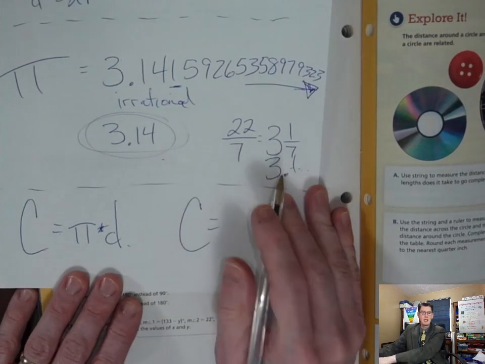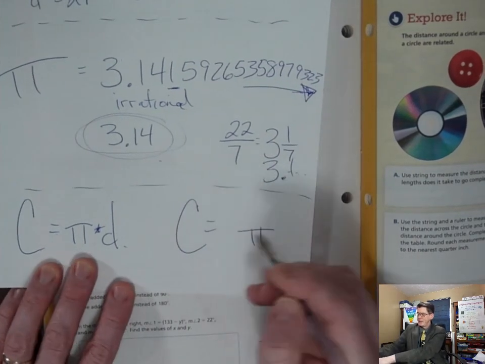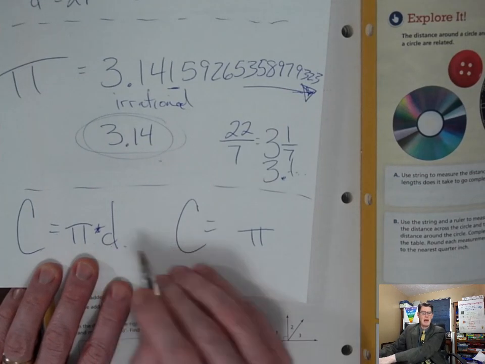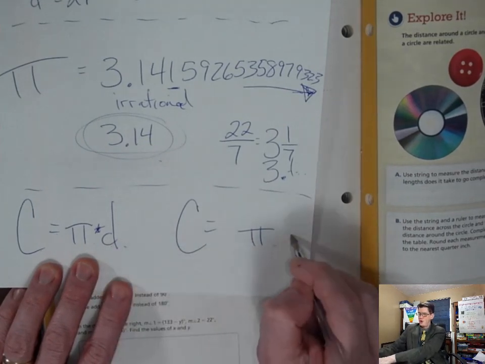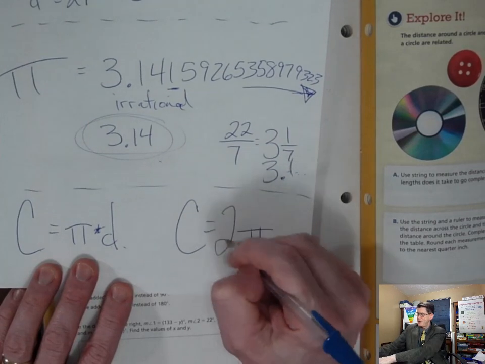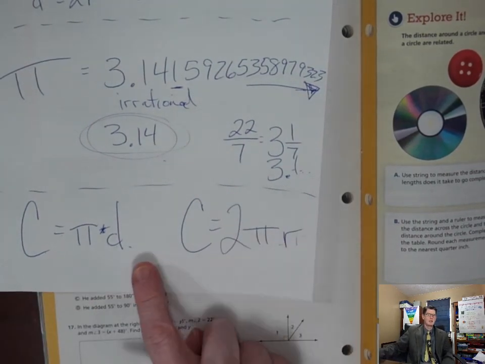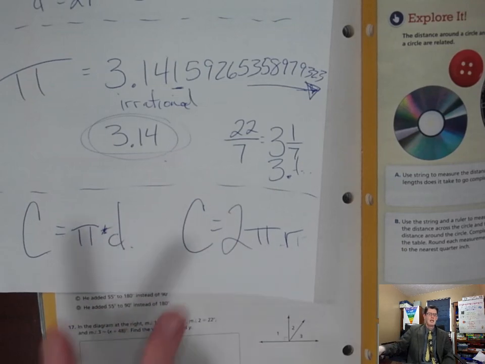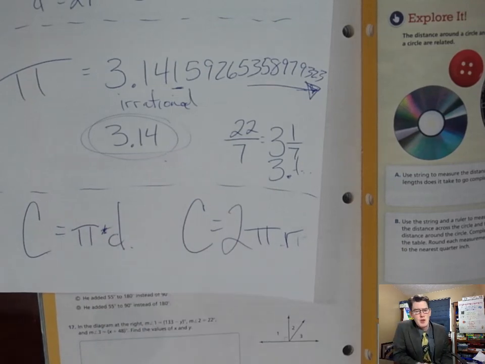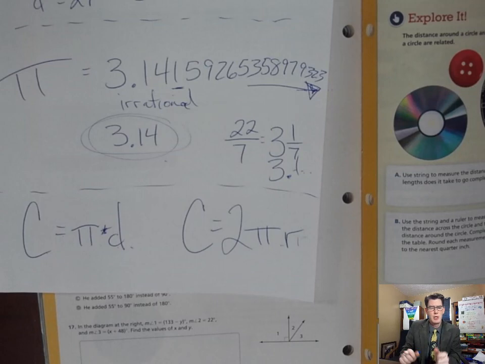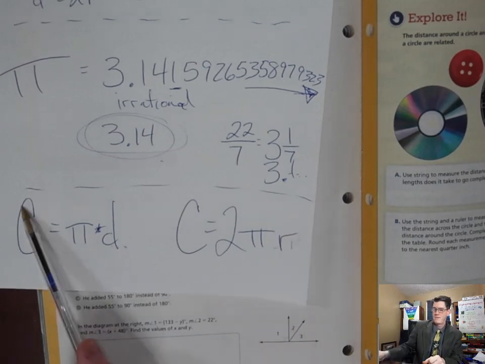The circumference is pi times 2 radiuses, because the diameter is just 2 radiuses. But the way that they'll write it is 2 pi r. But it means the exact same thing. 2 radiuses is the same thing as the diameter. So these are the 2 ways that you'll see the circumference of a circle written in a relationship with its diameter or radius.